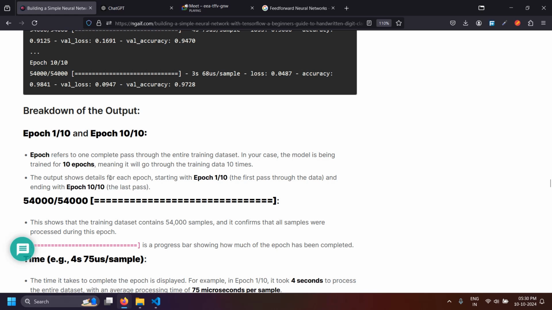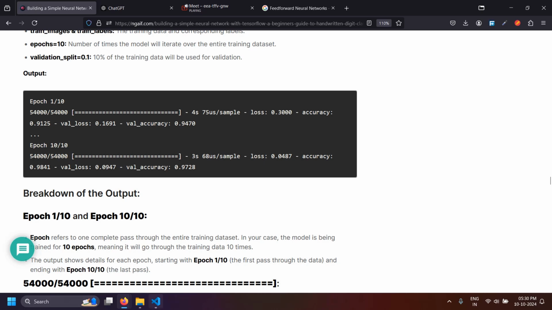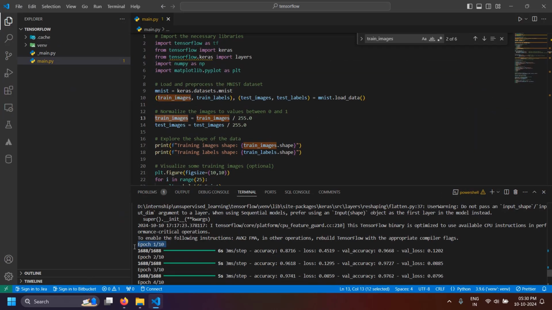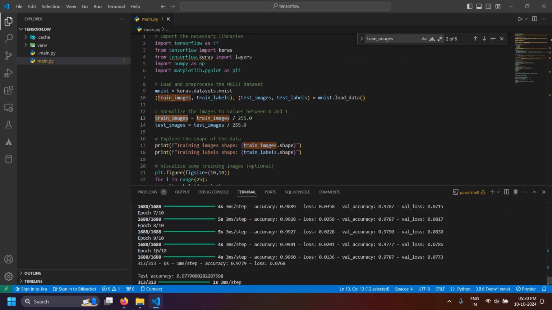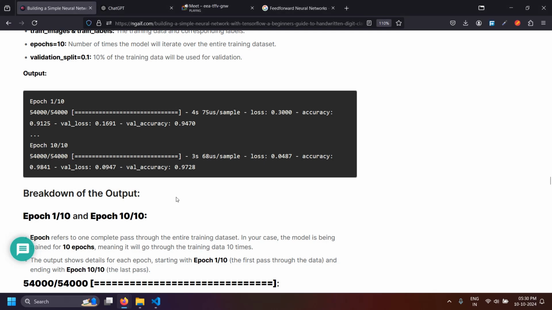The output shows details of each epoch, starting with epoch 1 out of 10, the first pass through the data, and ending with epoch 10 out of 10, the last pass. So as you can see, starting from 1 and going to 10, so 10 times the complete dataset.